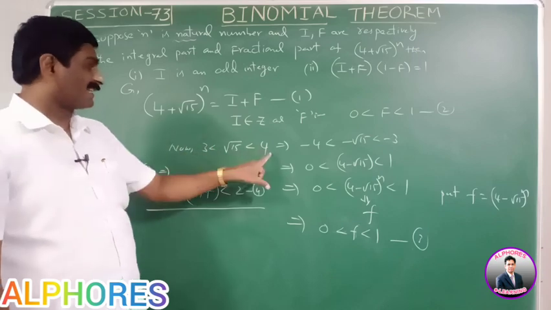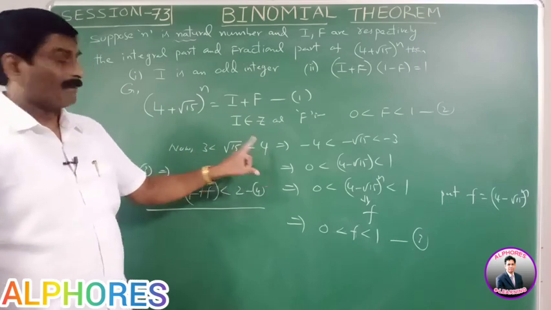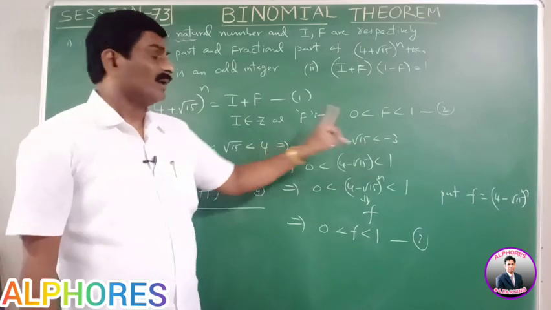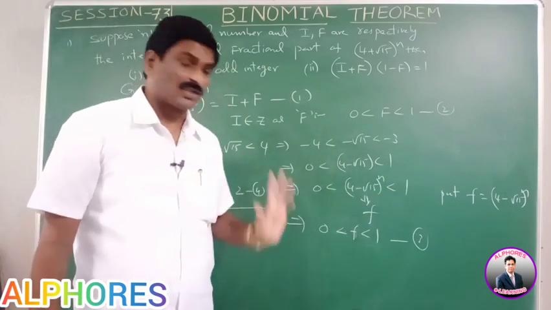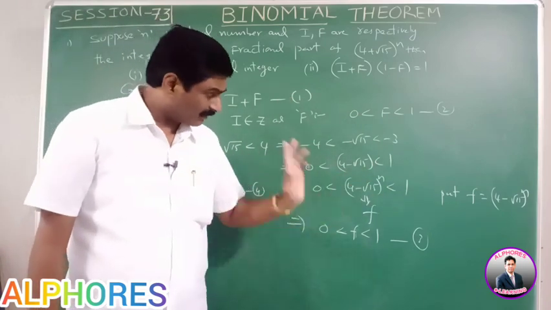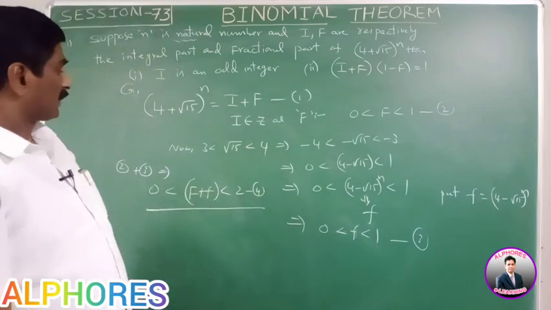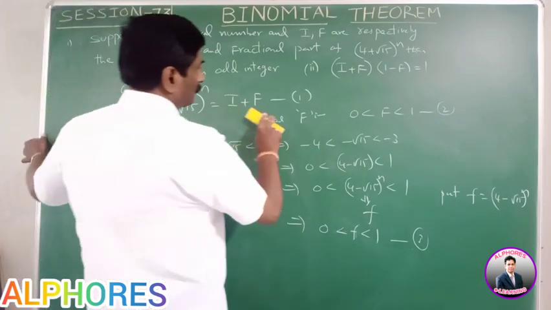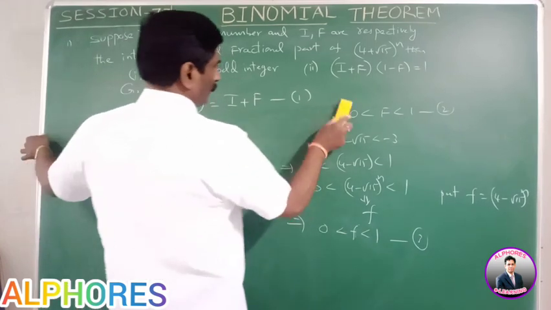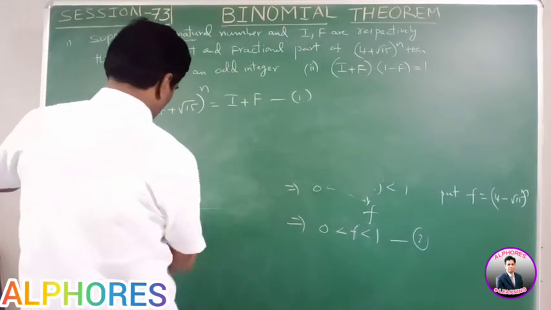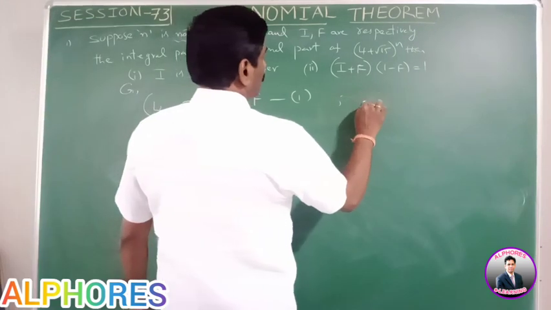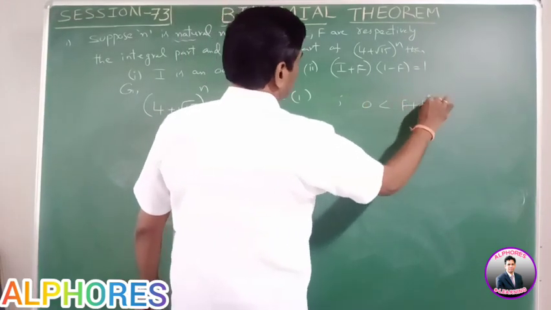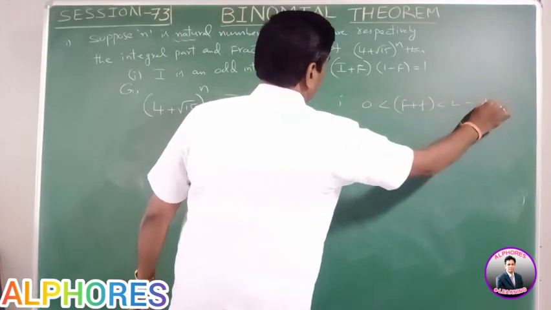Root 15 lies between the integers 3 and 4. Minus root 15 lies in the corresponding interval. 4 minus root 15 lies in the interval 0 to 1. Applying index n, we get this value. By adding 3 and 4, we get the fourth equation, 0 less than F plus f less than 2. It is the fourth equation, very important.